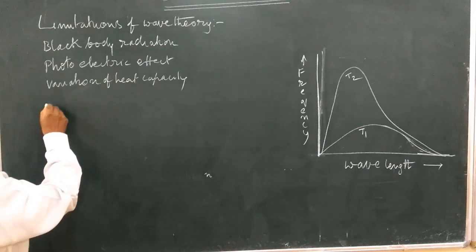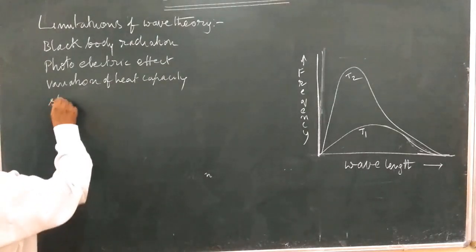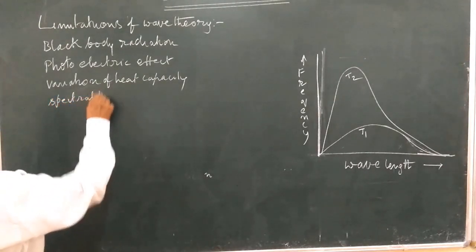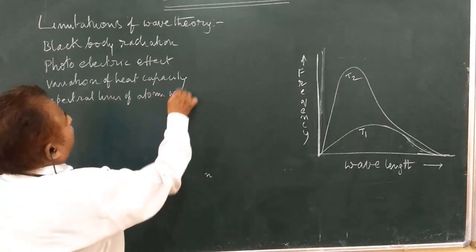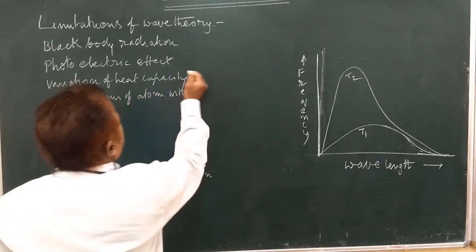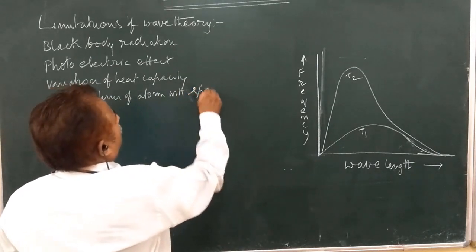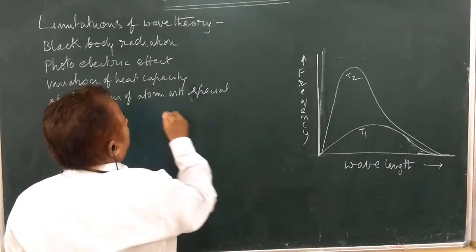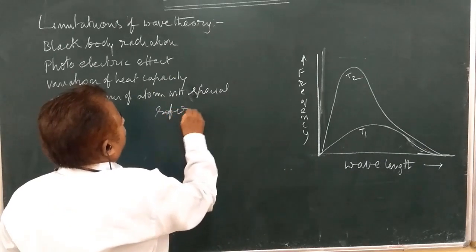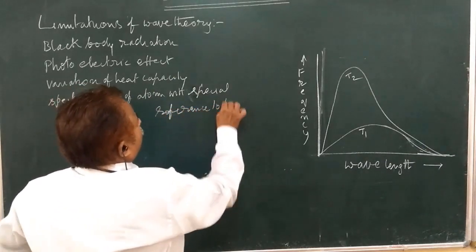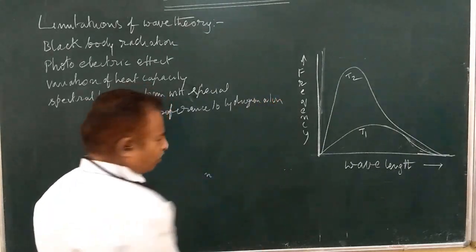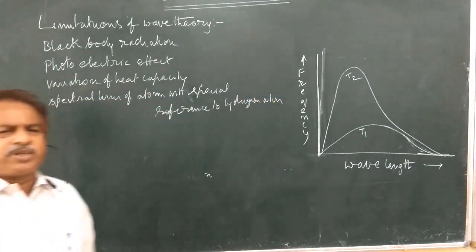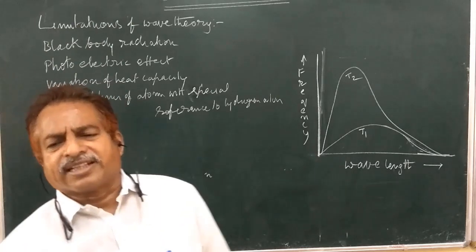And finally, spectral lines of atoms with special reference to hydrogen atom. So these 4 points could not be explained by wave theory.